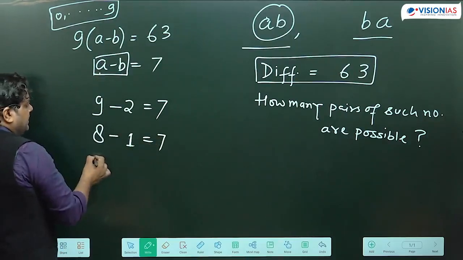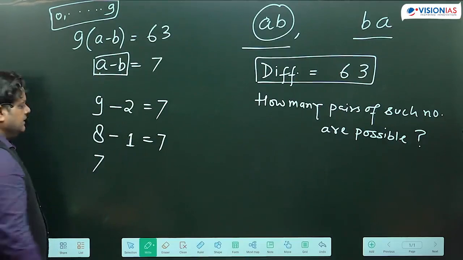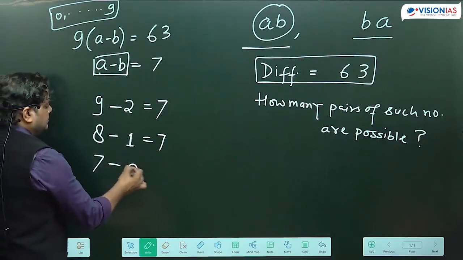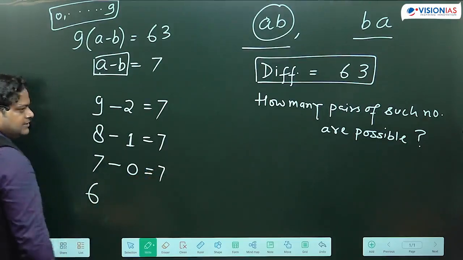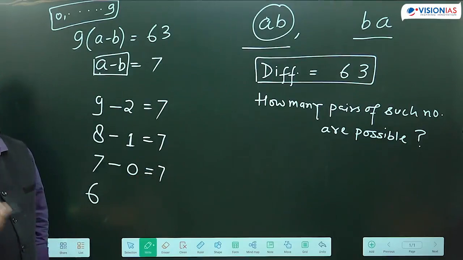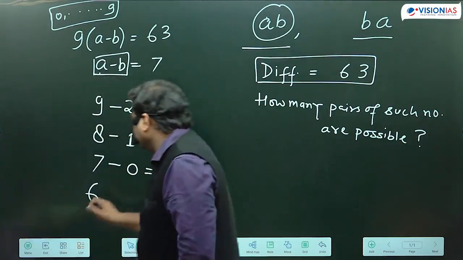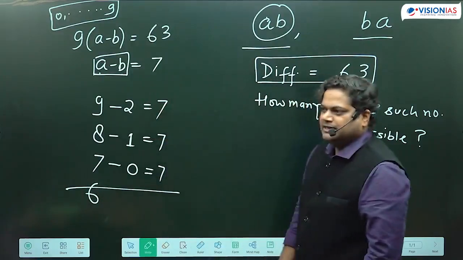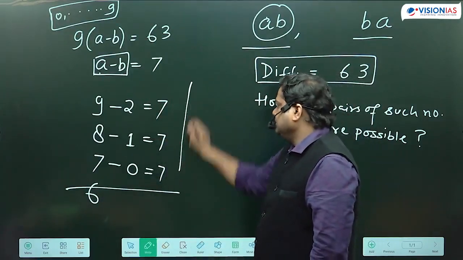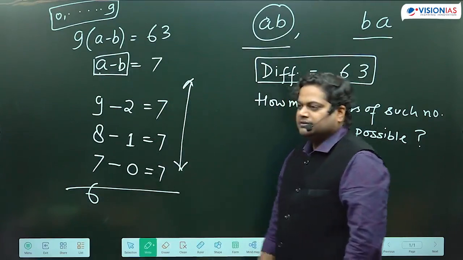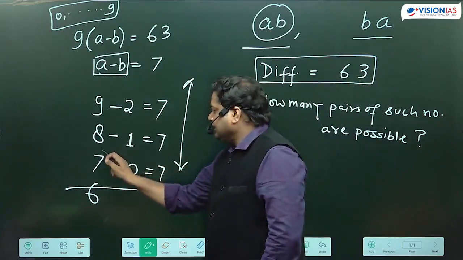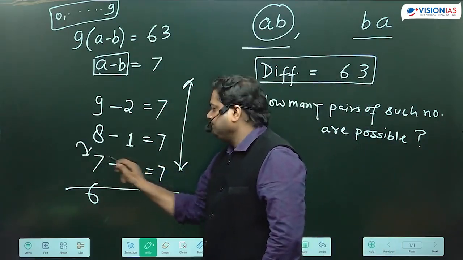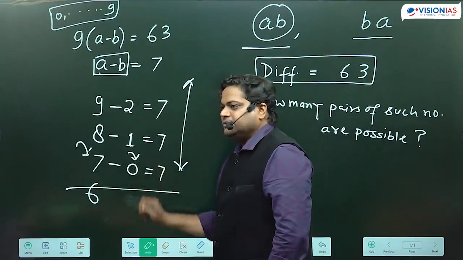If I take a as 7, then b is 0. If I take a as 6, there is not any possibility. No possibility here. That means 3 possibilities are forming, but if we take a as 7, b is coming 0.